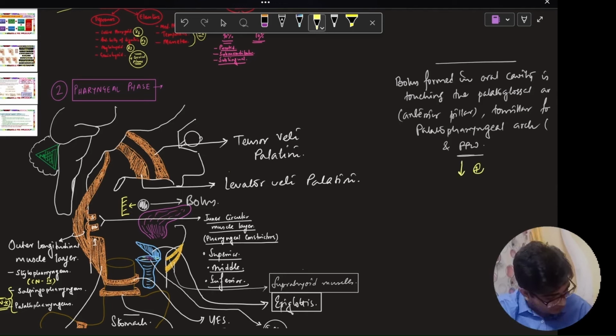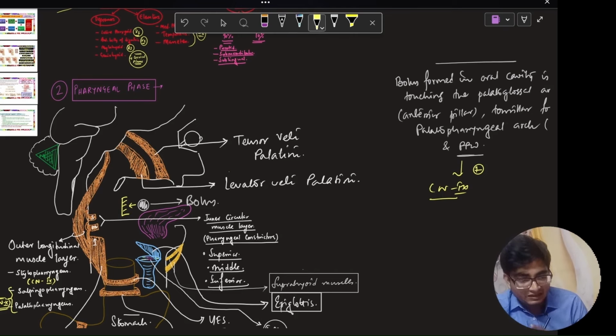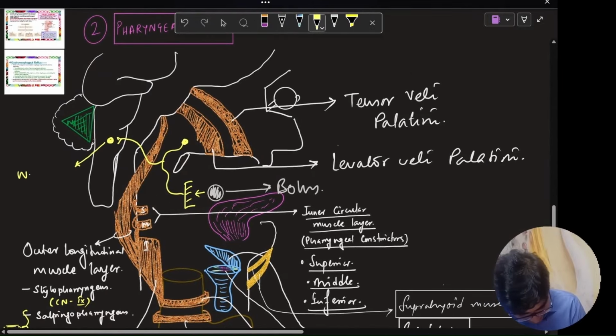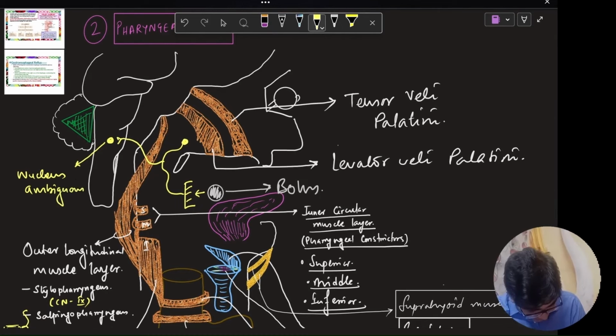So obviously this will stimulate the glossopharyngeal nerve endings, which will branch up to the nucleus situated in the brainstem, and that is nothing but the nucleus ambiguus.